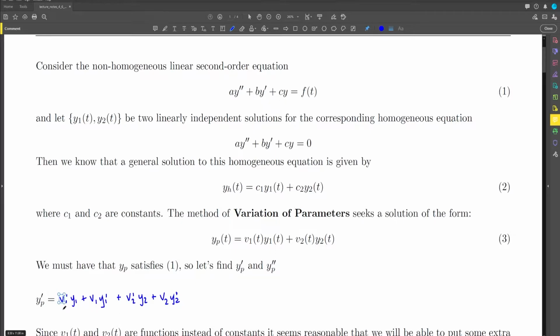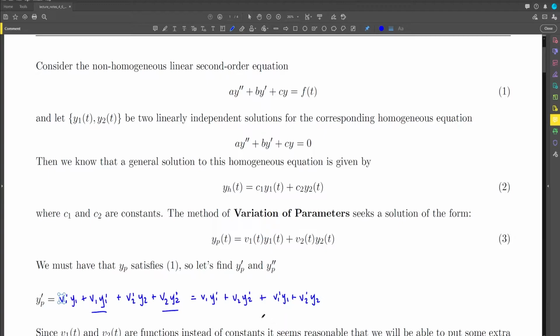I want to collect the parts with y prime, so y1 prime and y2 prime. So I get v1 times y1 prime plus v2 times y2 prime. So that gives me this part and this part. And then I want to add to that v1 prime times y1 plus v2 prime y2.